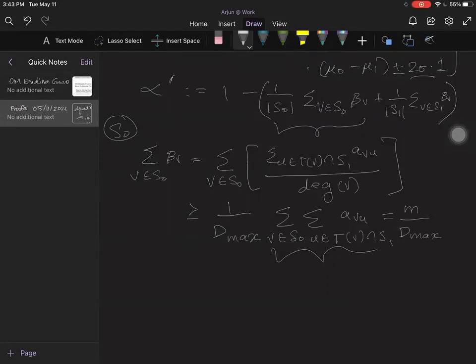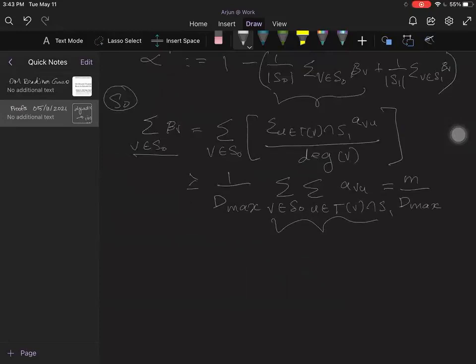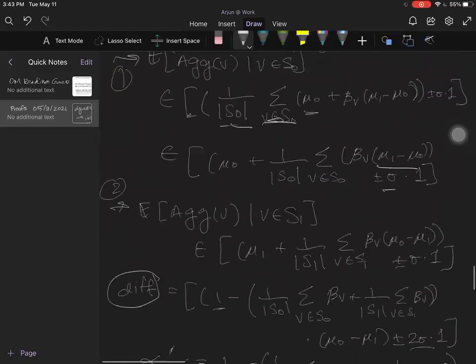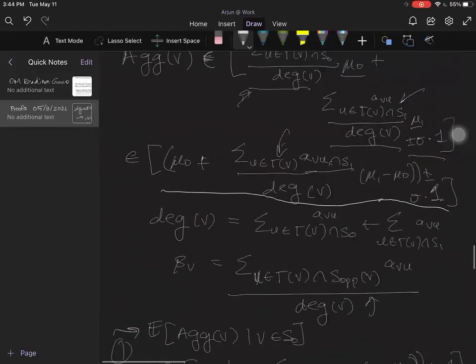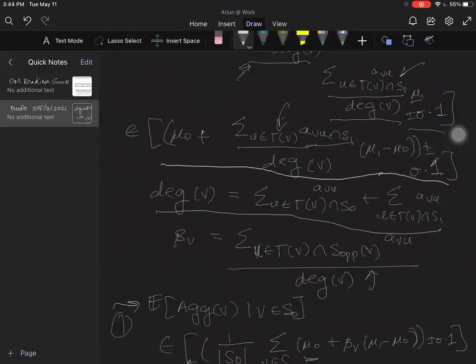So now we have a lower bound on this term, but now we want to find an upper bound on this term. So let's take a look at the degree of V. I said up here, the degree of V is equal to this, right? We are looking at all the weights on outgoing links, and you can take the sum of these two different intersections, because all nodes belong to either S0 or S1.